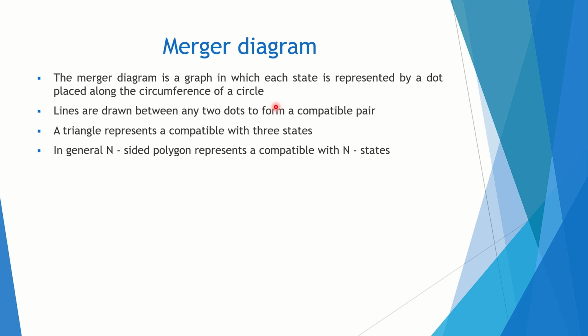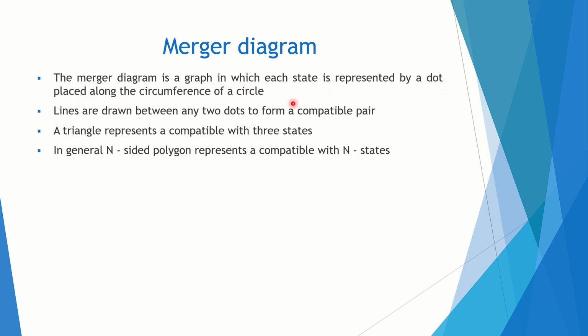With a merger diagram we can find out which are the compatible pairs, that is the equivalent pairs, with the reduced number of states. The merger diagram is a graph in which each state is represented by a dot placed along the circumference of a circle.